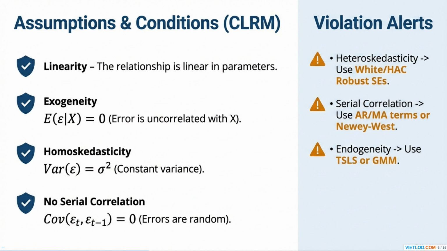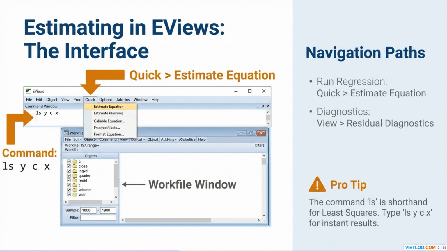Most critically, if an independent variable is correlated with the error term, leading to endogeneity, a violation of exogeneity, our coefficient estimates will be biased. In such cases, instrumental variable methods like two-stage least squares or generalized method of moments are essential for valid inference.